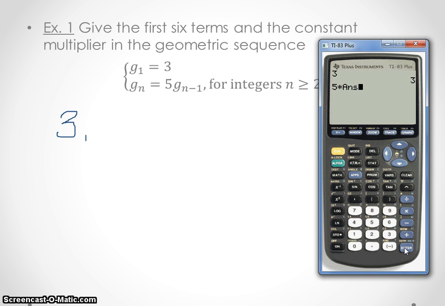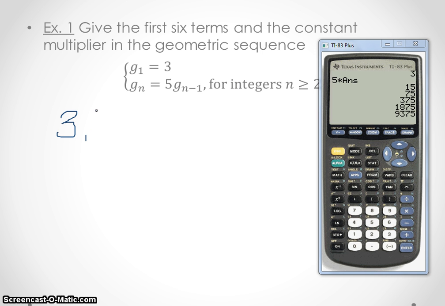So here we're going to pull 3, and it gives us 15, which makes sense. 5 times 3 is 15. And here, if we hit it again, we're going to pull 15 and multiply it by 5. So we get 75, which is true. You take 75 and multiply it by 5. So since we need 6 of these, we have 1, 2, 3, 4, 5, 6, and those are your first 6 terms. If you don't believe me, go ahead and do it by hand.